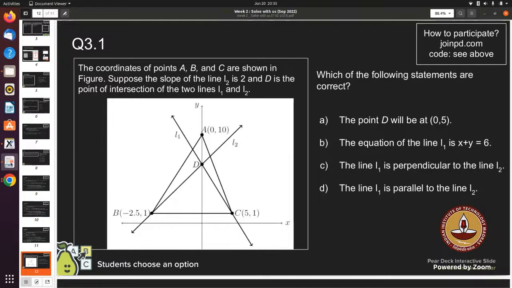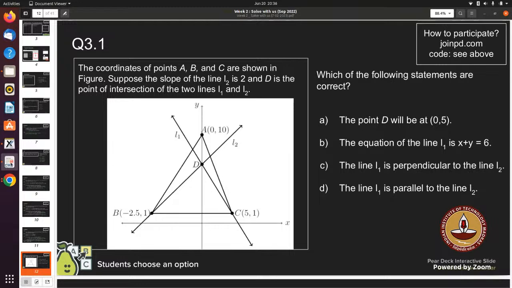So the slope of L1 is minus 1. When we multiply the slopes of L1 and L2 it will be minus 2, so they will not be perpendicular. So only the third option, B option, is correct. Great.